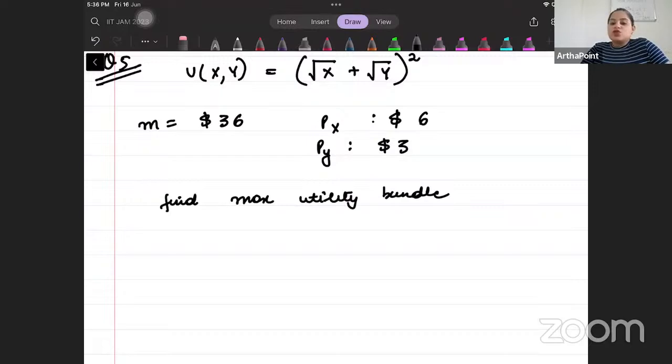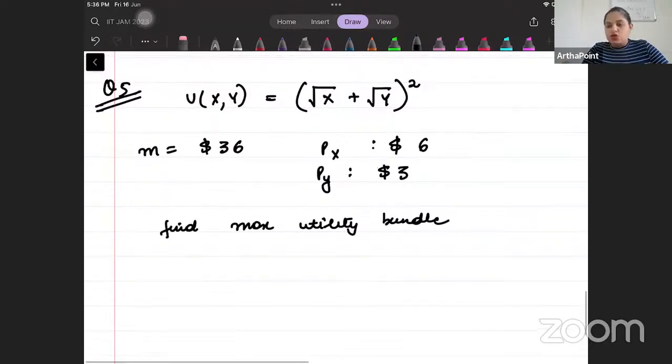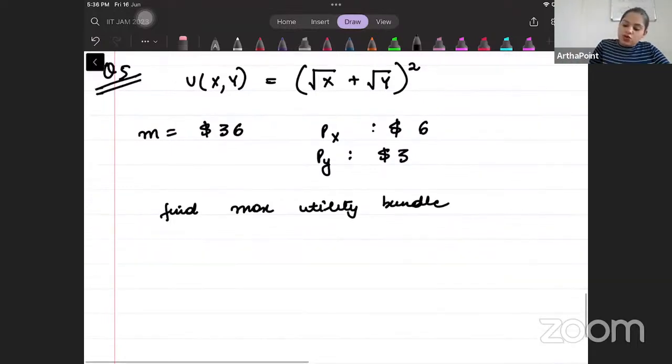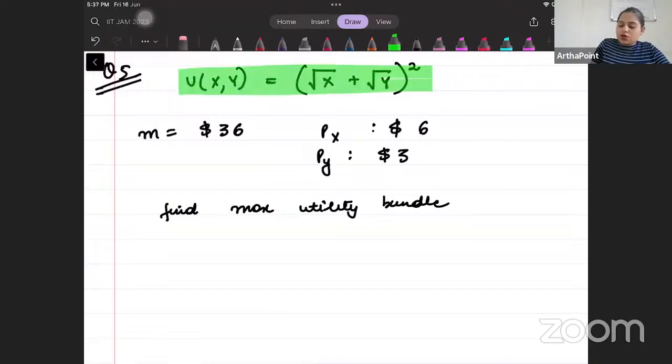Okay, so let us try to solve this now. How will you go ahead and solve this, beta? We know that we must equate MRS to the price ratio. So your utility function is this.